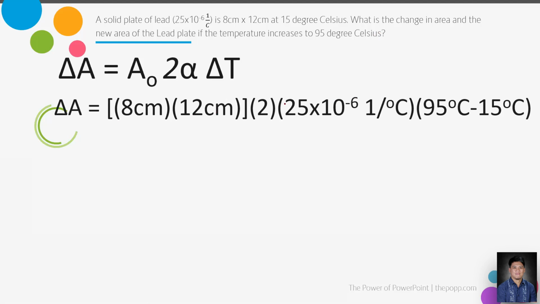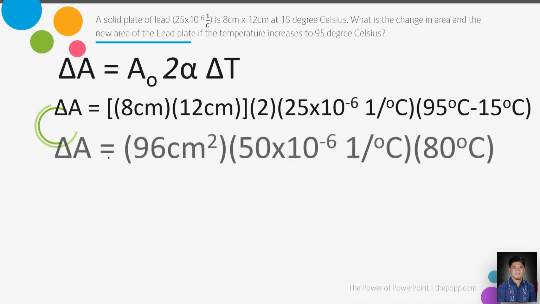So next is 2 times the alpha, which is 25 times 10 to the power of negative 6, 1 over degrees Celsius. Next, the change in temperature. So we have 95 degrees Celsius minus 15 degrees Celsius. So ito yung ating change in temperature. So simplify, we have 96 square centimeter times 50 times 10 to the power of negative 6 times 80.